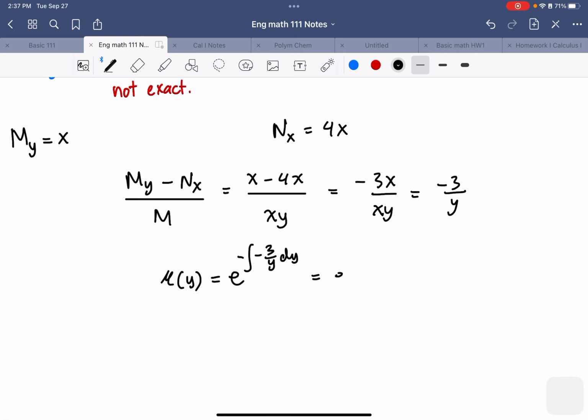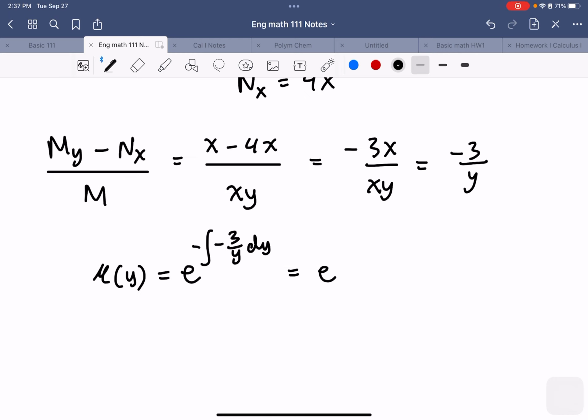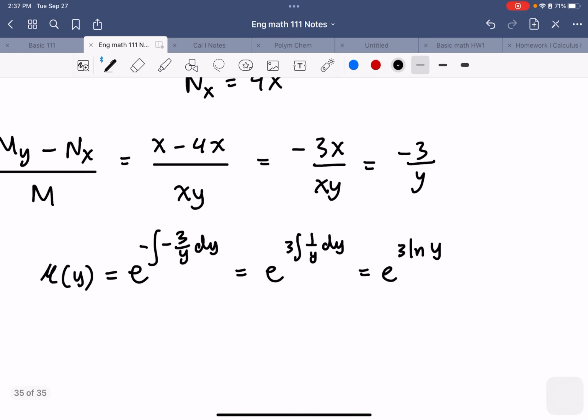And then we can solve this first. We have 3 times 1 over y dy, so this is e to the 3 ln y, or e to the ln y cubed, and this is y cubed, right? It's canceling this.